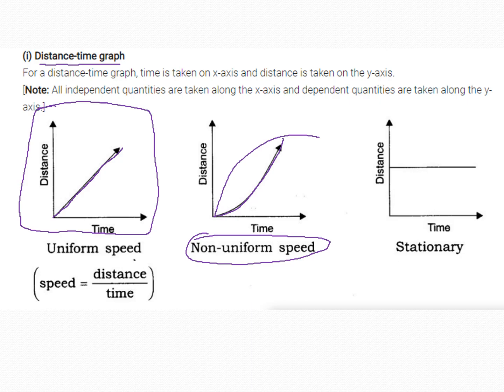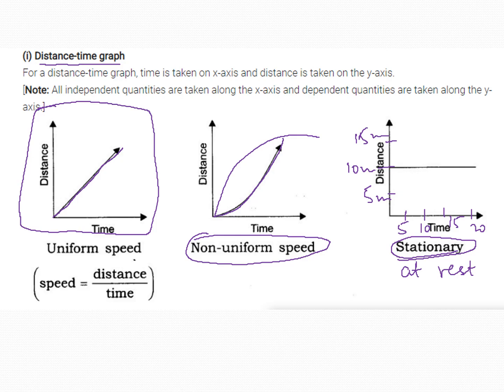And for stationary, if you see here, stationary means at rest. Now, this graph talks about the body at rest, meaning time is changing. Let us say this was 5, this was 10 seconds, this was 15 seconds, this was 20 seconds. And the distance here is, let us say, this is 5 meter, this is 10 meter, this is 15 meter, and so on.